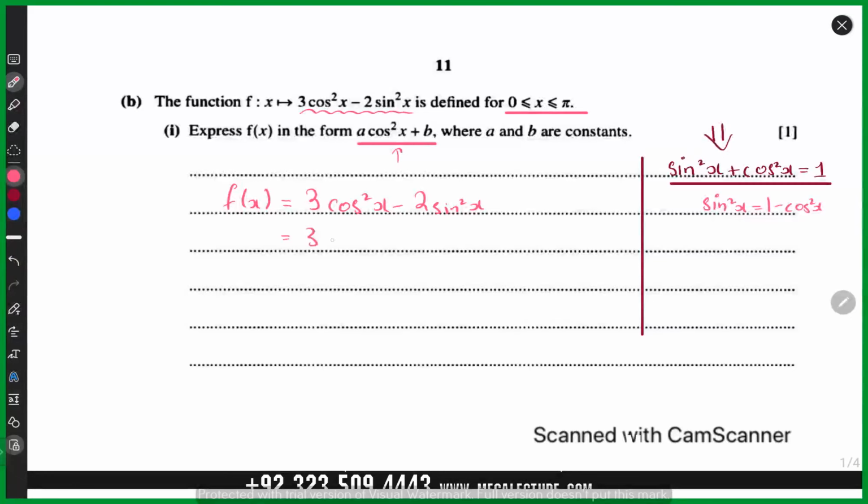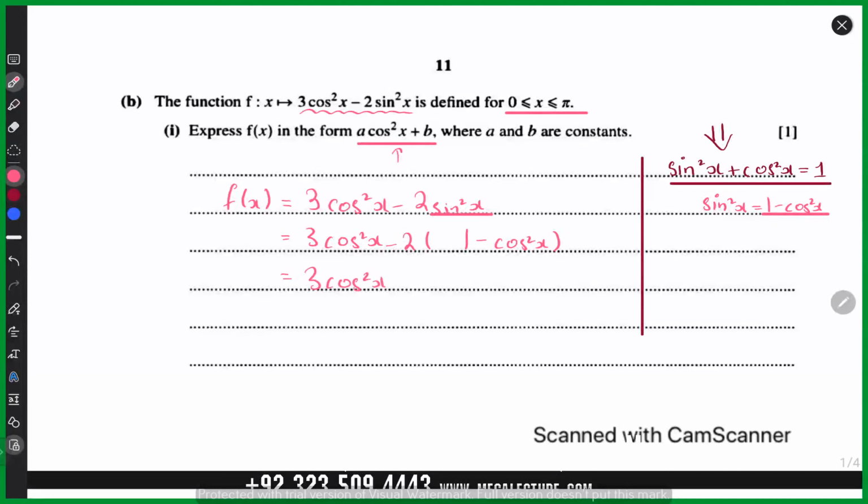So 3 cos squared x would come directly, minus 2 multiplied by, instead of sine squared x, I am going to write this down, 1 minus cos squared x. This would give me 3 cos squared x.